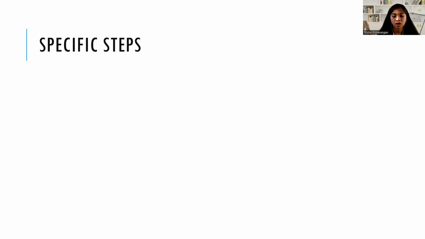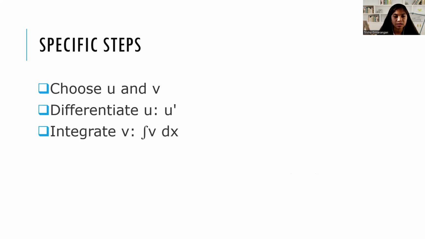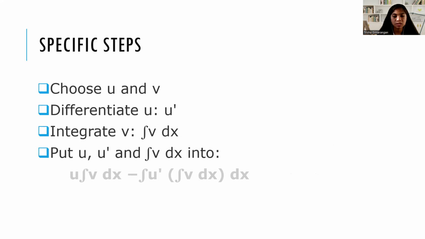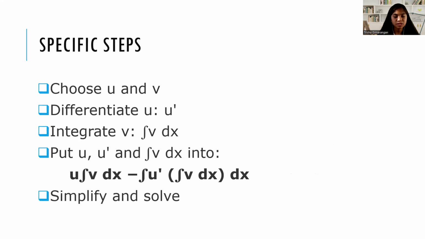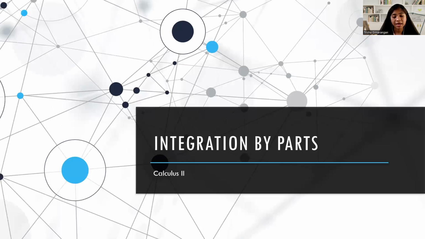These are the specific steps you can read and follow in solving integration by parts: choose u and dv, differentiate u, integrate dv, substitute the values into the formula, and then simplify and solve. So again, that is integration by parts.